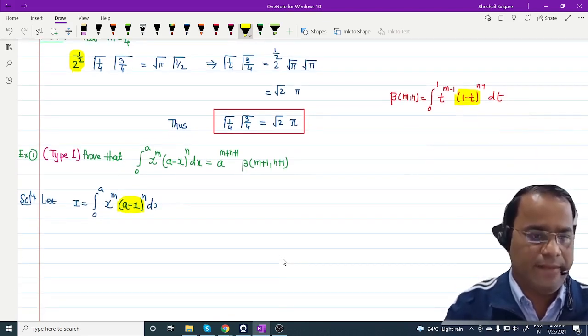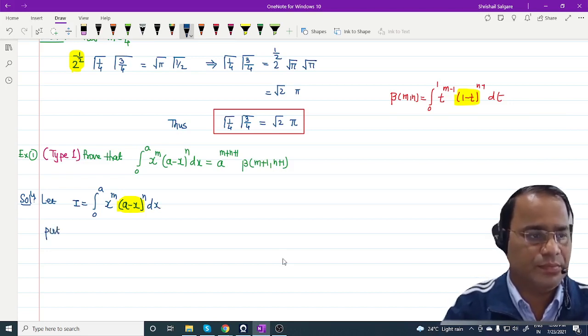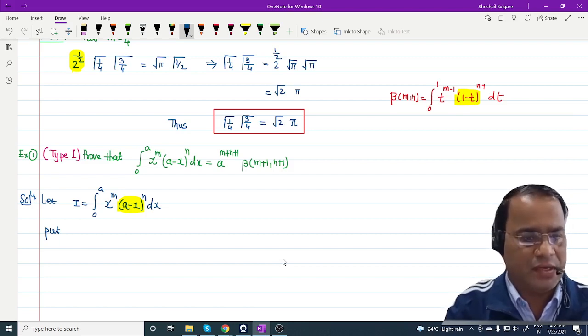Yes, Aditi. Here it is dx. What is the substitution? Aditi, are you in the class? I'm asking very difficult questions.